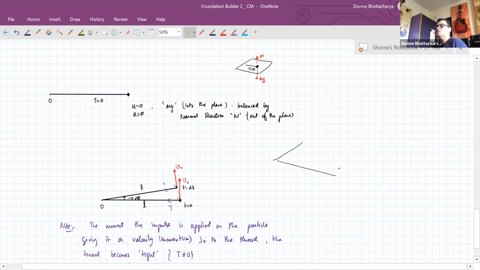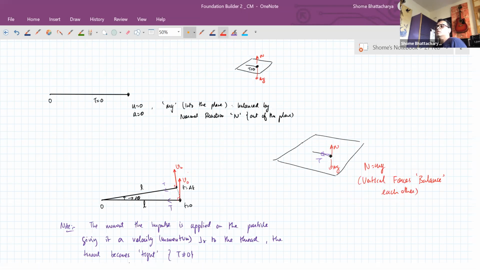So in the three-dimensional picture, what is happening now is the tension starts to act like this on the particle. So it doesn't interfere with the fact that the weight and normal reaction are cancelling each other. So the vertical forces balance each other.